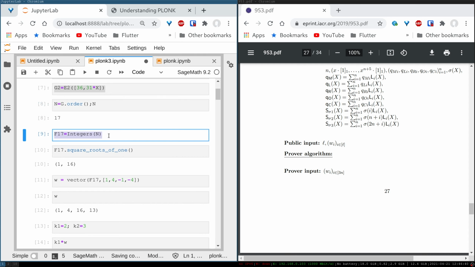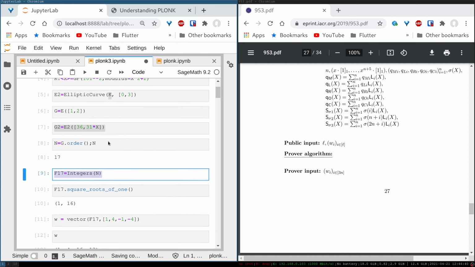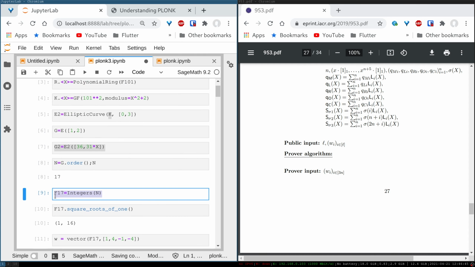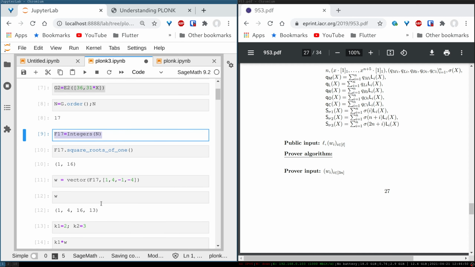So we also introduce the integers between 0 and 16, F17. In F17, the square roots of 1, so numbers that square to 1, are 1 and -1, and -1 is 16. 16 is also a square, so we can find the fourth root of 1 by doing it again.